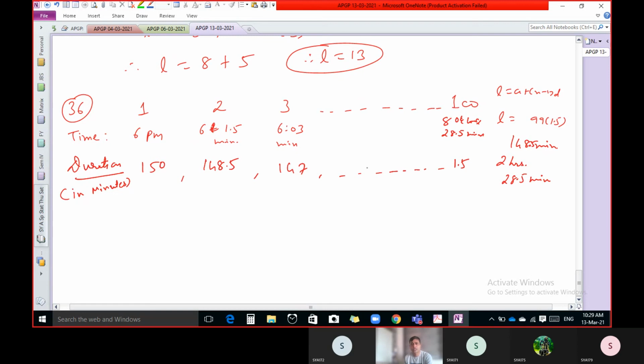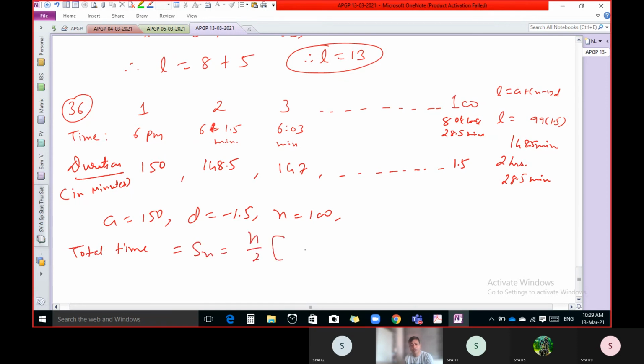So this is the timing. What is A? 150. The difference is minus 1.5, and there are 100 lamps. Find the total time for all these lamps, that is Sn.